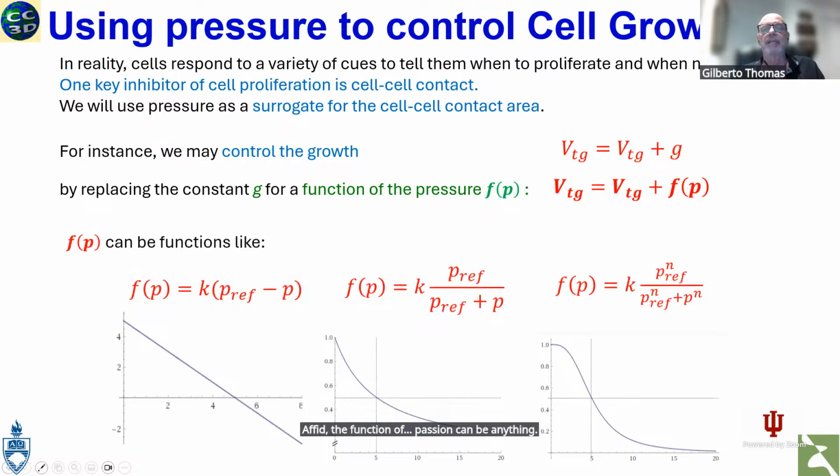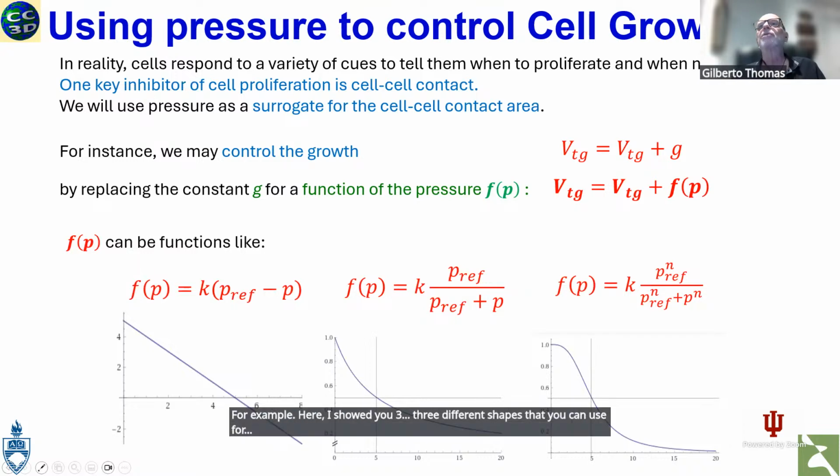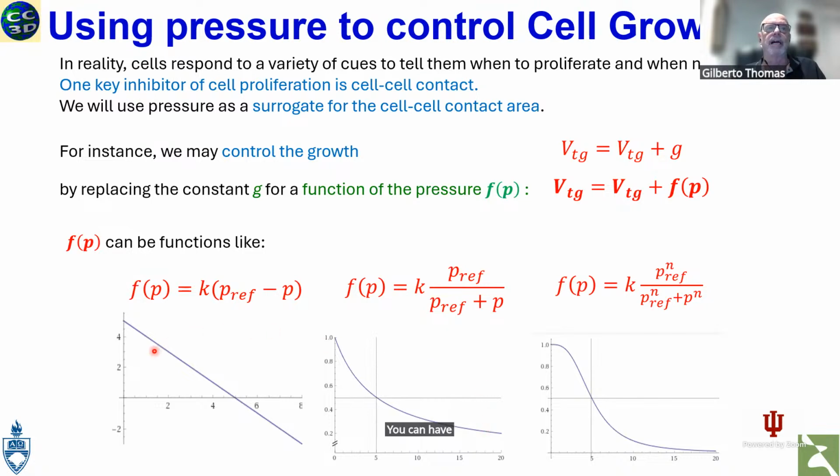For example, here I showed you three different shapes that you can use for Fp to control the growth rate. You can have a linear decrease in here. A Michaelis-Menten function here.